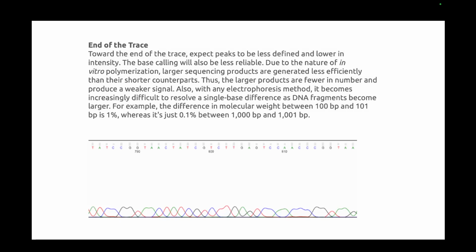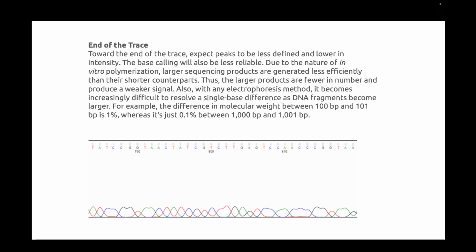If you have a 20 base pair segment and another 30 base pair sequence, these might resolve quite well in your electrophoresis. But if you increase your length, say to 100 base pair, so 100 and 101, it's harder to resolve, and 1000 and 1001 base pair will be even harder to resolve.